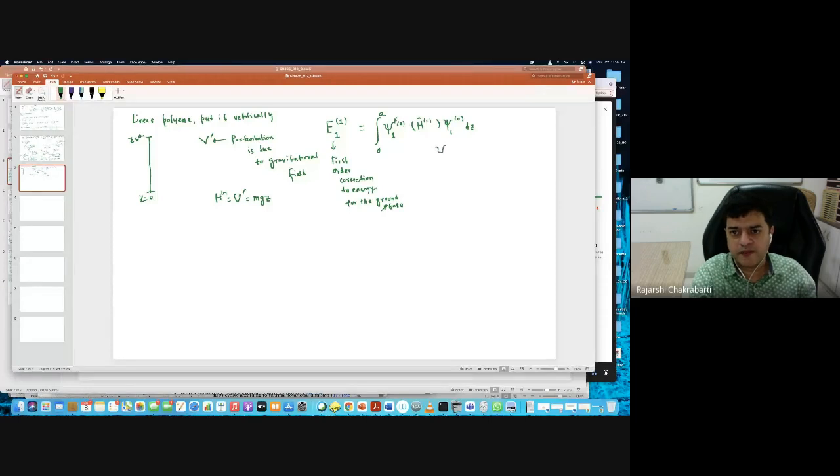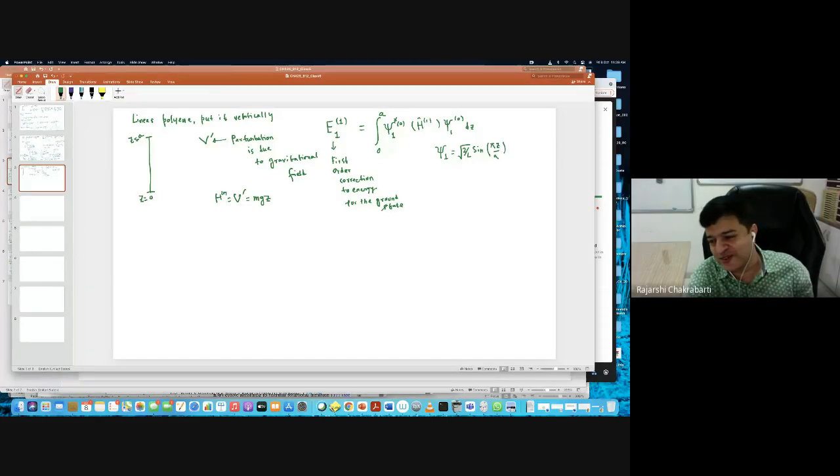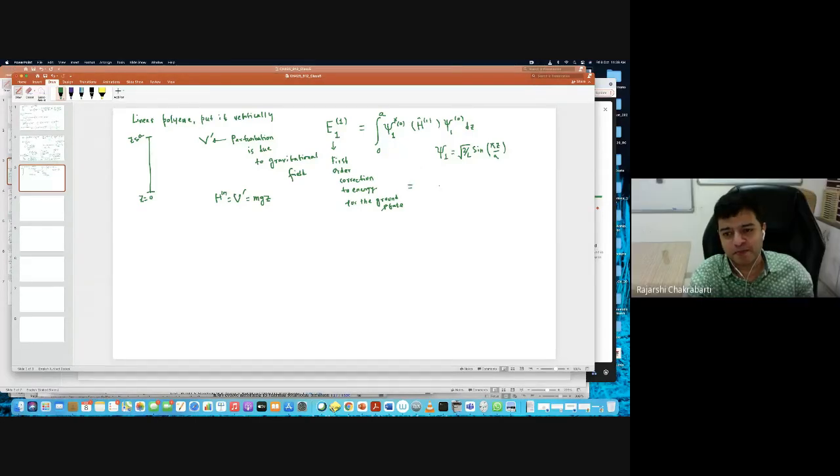Now what is psi 1? Sir, it will come out to be really negligible, I think. Yeah, of course. That is the whole point. The mass of electron is 10 to the power minus 31, so it will be negligible.